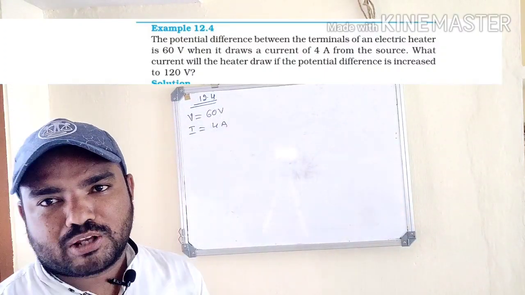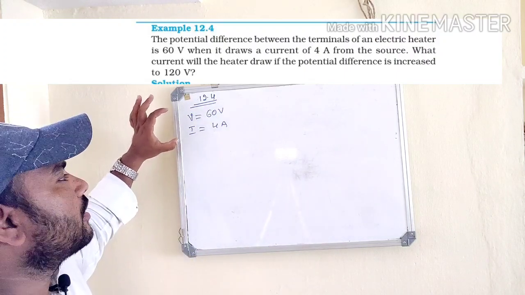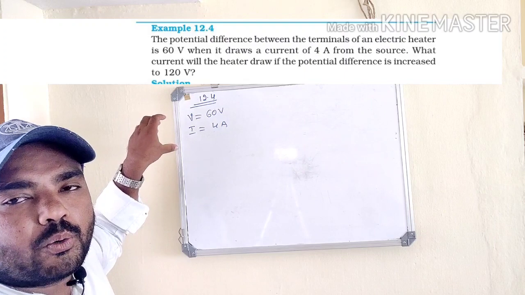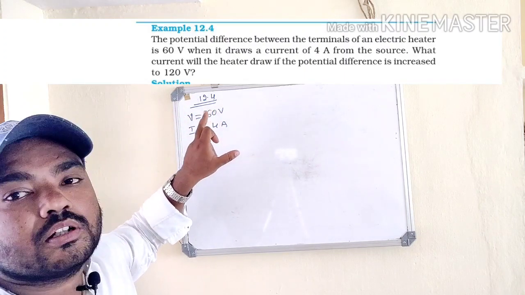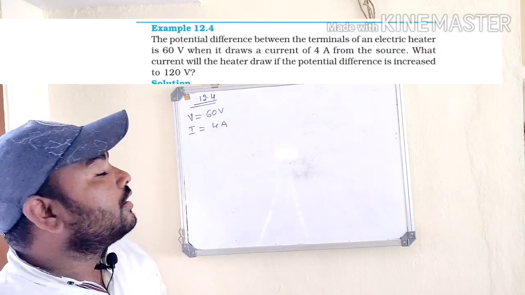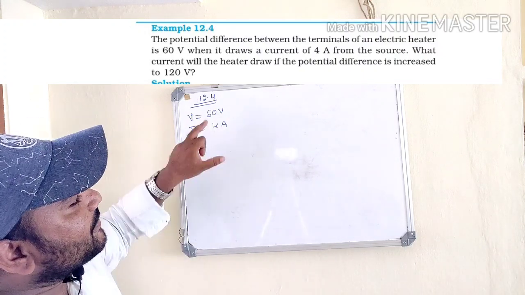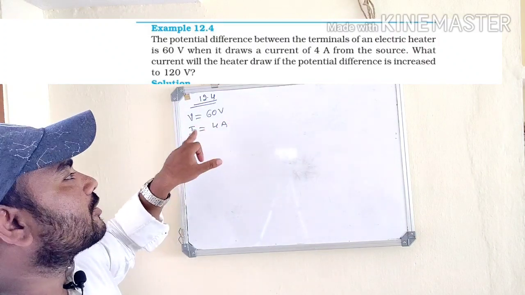So I'll repeat it one more time, children. When the potential difference across the heater is 60 volt, the current is 4 ampere, right? Then if the potential difference is increased to 120 volt, we need to calculate the current.